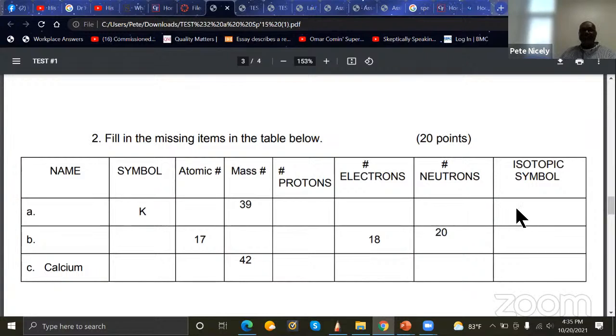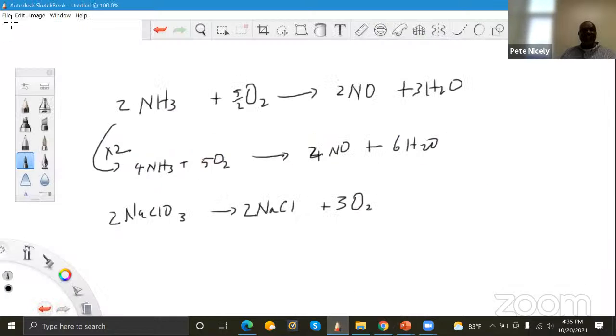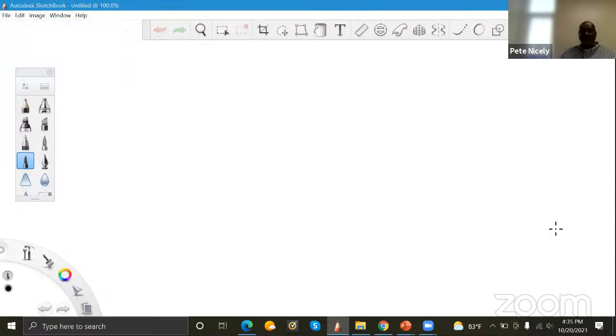What will the symbol look like? Well, what they're asking for is something looking like this. In the case of potassium, the potassium that we're looking at here, it will look something like this: 39 K 19.